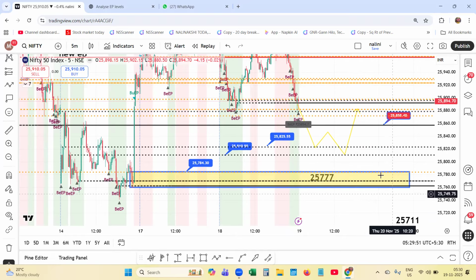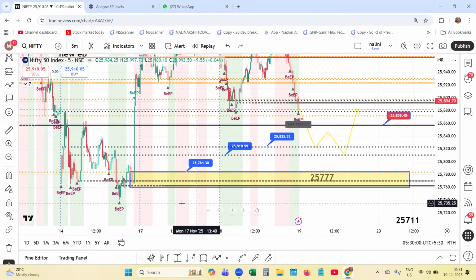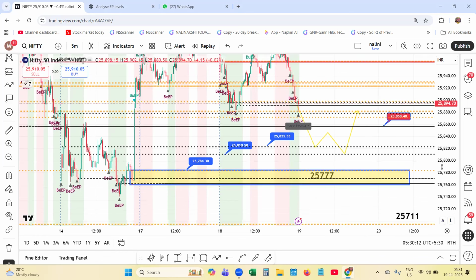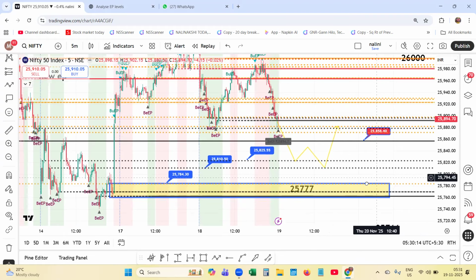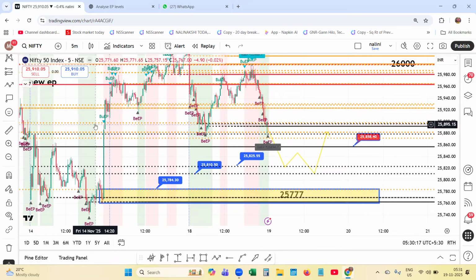So even if it doesn't hold, if it comes to 25,784, there is a cluster of call as well as put. That means straddles are standing over here, equal amount. Cluster of support zone is here. Major support zone is here. This is how you need to analyze the market.